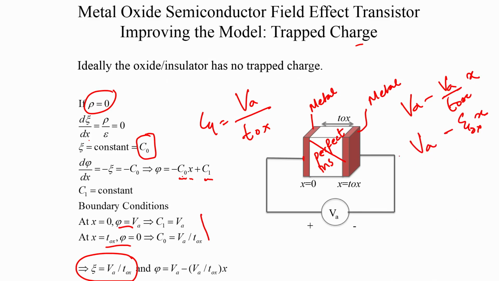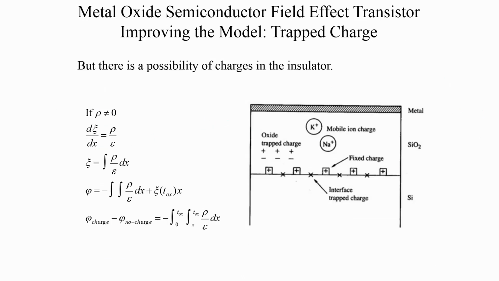So, this is the situation in an ideal insulator, but the moment the insulator gets some charges inside, okay, rho is no longer 0. And here is a nice picture taken from one of the reference texts.